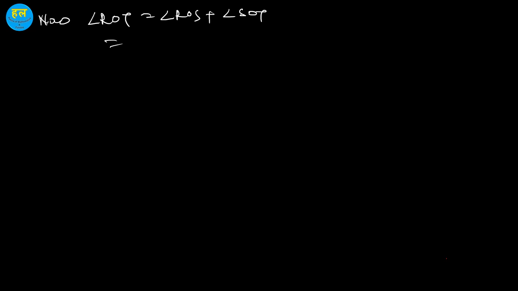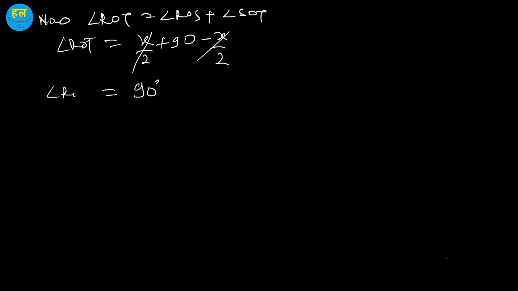Therefore, angle ROT is equal to X upon 2 plus 90 minus X upon 2. Since both are the same values with different signs, they will cancel each other. So angle ROT will be equal to 90 degrees.